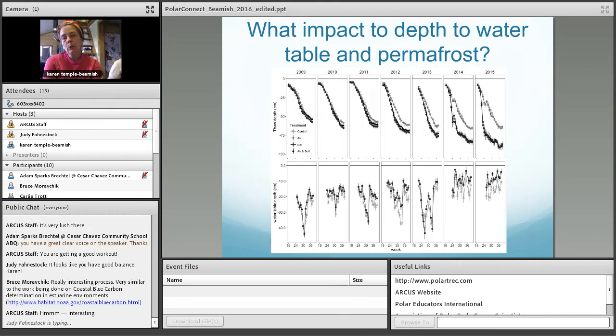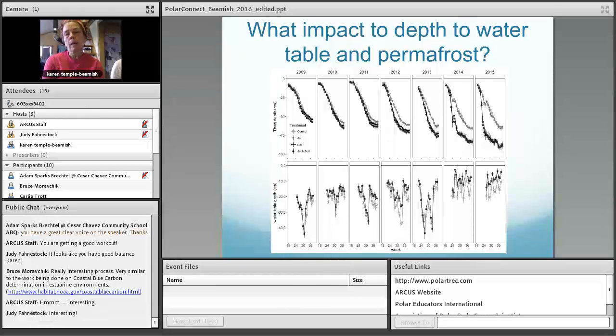So two of the data collections that I got to be a part of were depth to water table as well as depth to permafrost. In the top graph, you can see that in 2009, when they began this experiment, the control, represented by the gray, and the heated site, the black, have thaw depth that is more or less equal.